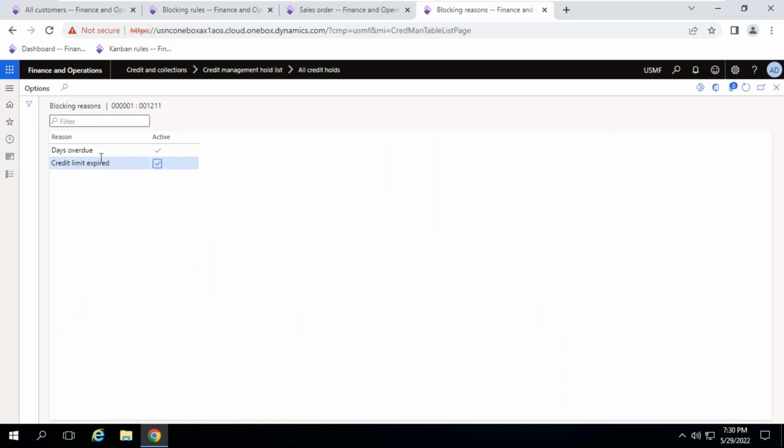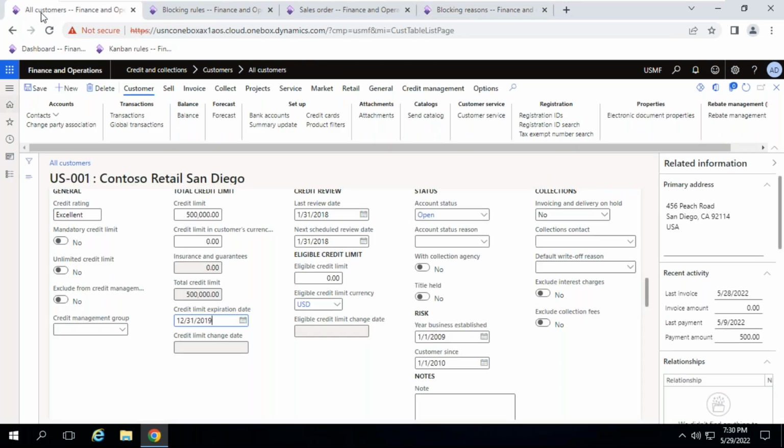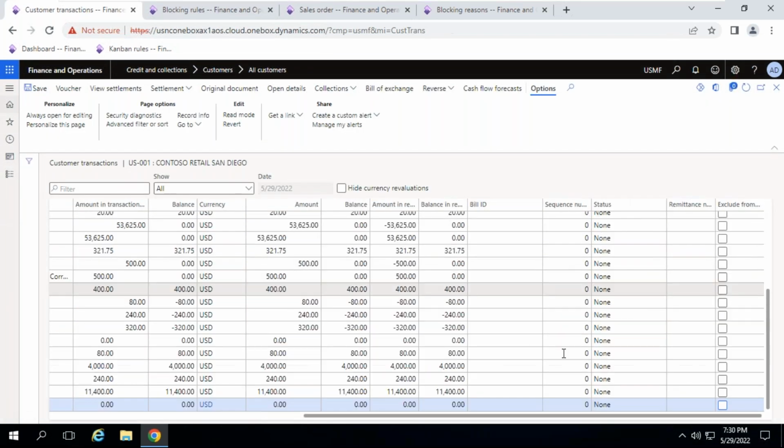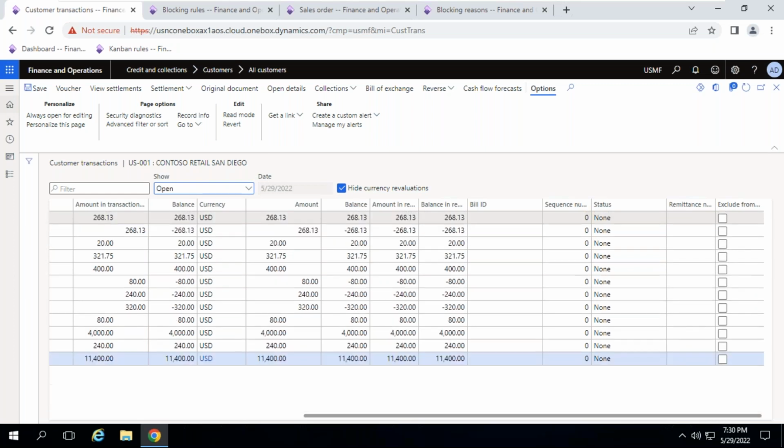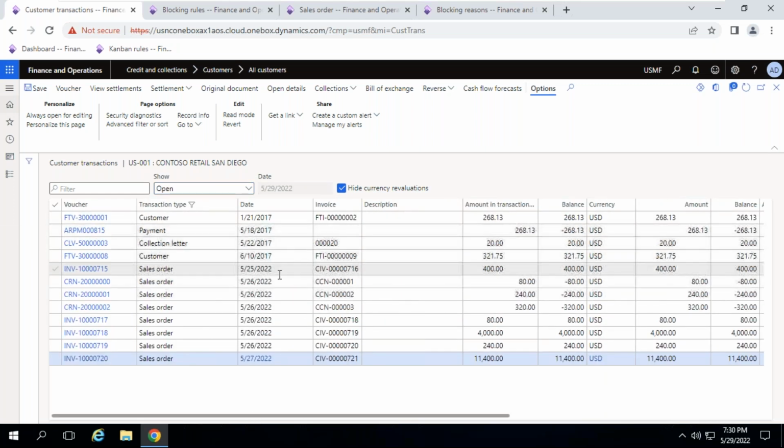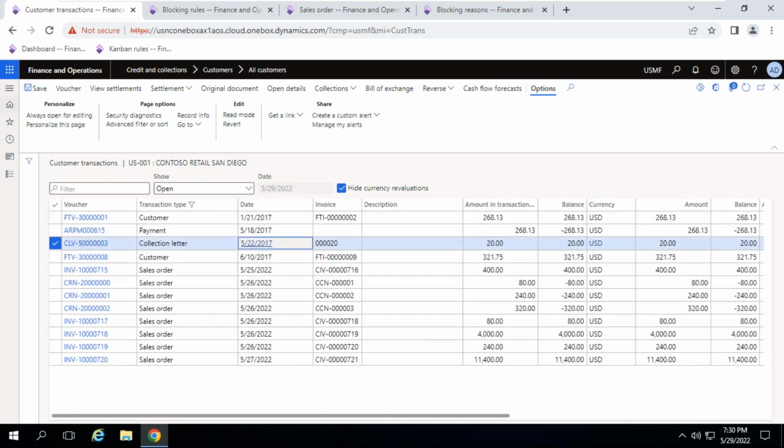Credit limit expired. Days overdue means for this customer, if I go to transactions, the amount is pending for so many days. These invoices were generated long back, and these balances are lying.